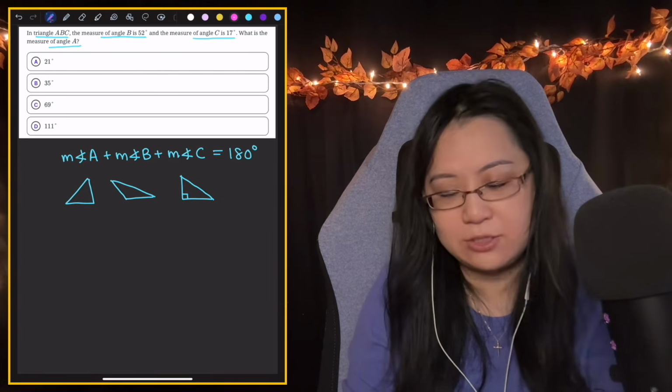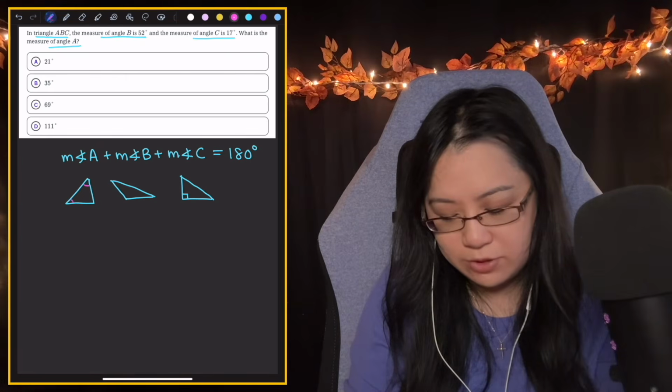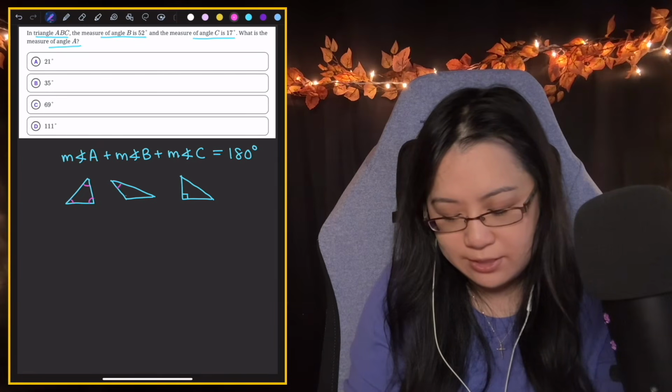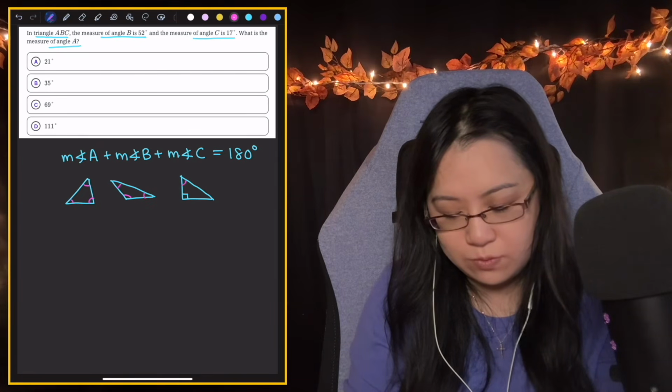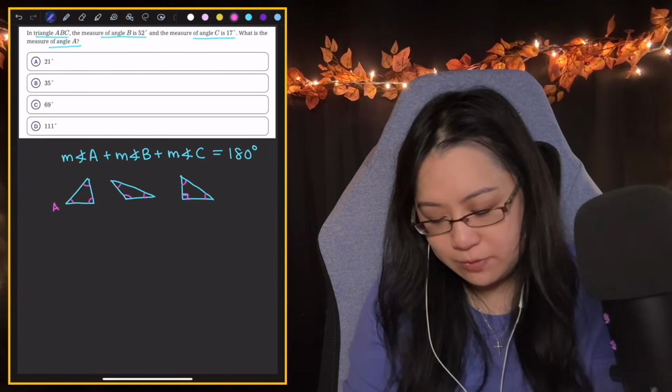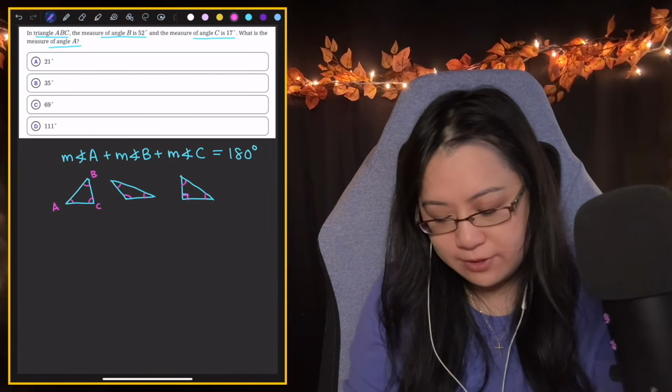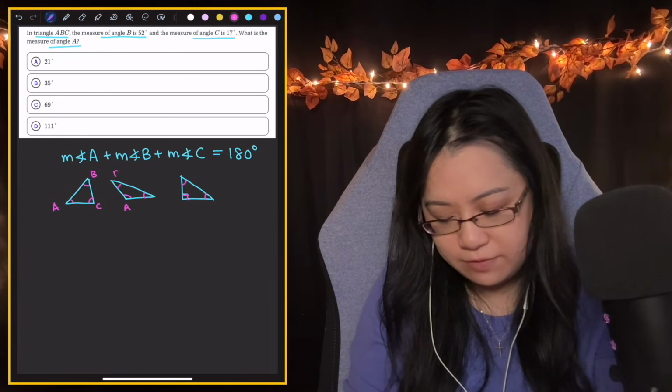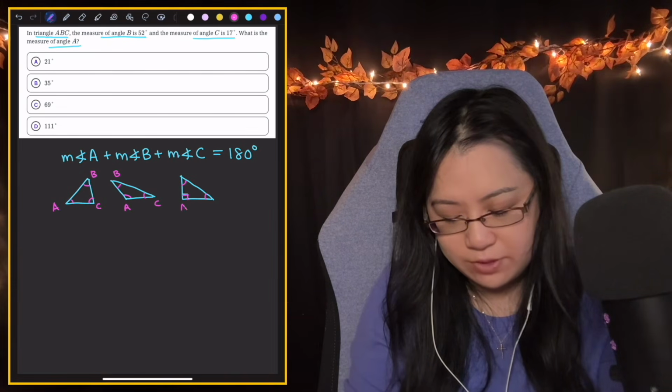The interior angles, the measures will always add to 180. So we're just going to use that fact. It doesn't even matter how we label them.